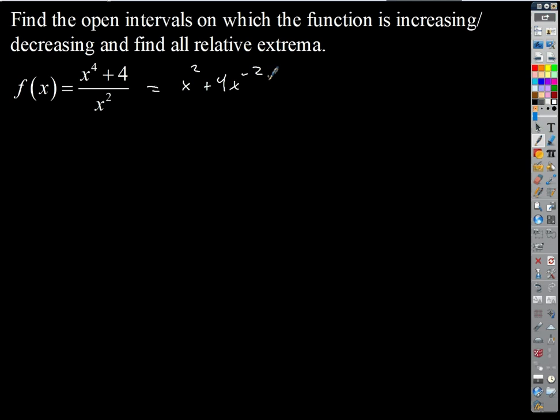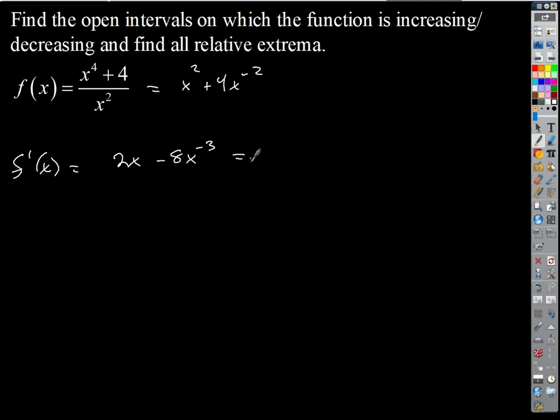Okay. So then if we were to differentiate this thing, what are we going to get? 2x minus 8x to the negative 3. Okay. And if we wanted to write that maybe as a rational function then, I could either write this one as a fraction and get a common denominator, or you might remember something that we did is we always try to factor out the greatest common factor, the least common powers.